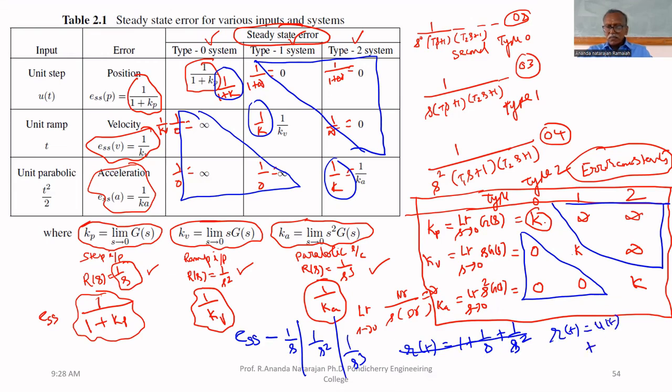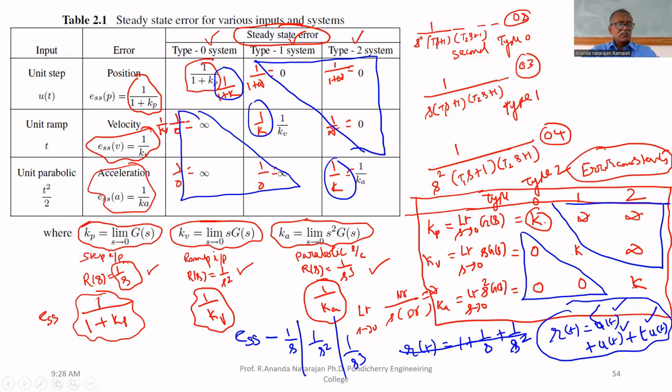Sorry, this is impulse input. 1 by s means step input u of t. 1 by s square means ramp input t u of t. Suppose the input is like this, a combination of ramp, step, and impulse.